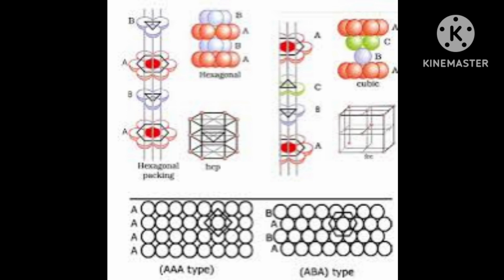Which one is bigger, anion or cation? Anion. Why will anion be bigger? Because it takes electrons, it has negative charge, and a new orbit may open, hence the size will be big. And cation will always be smaller.